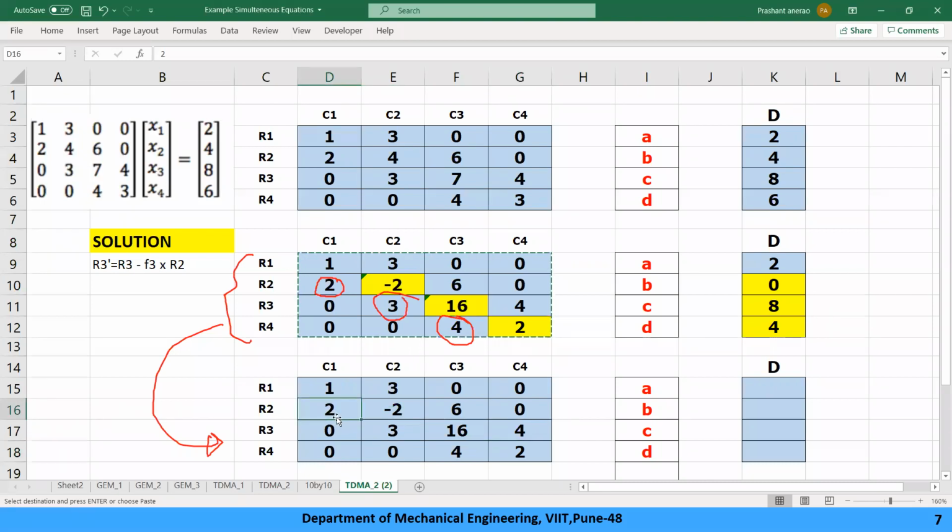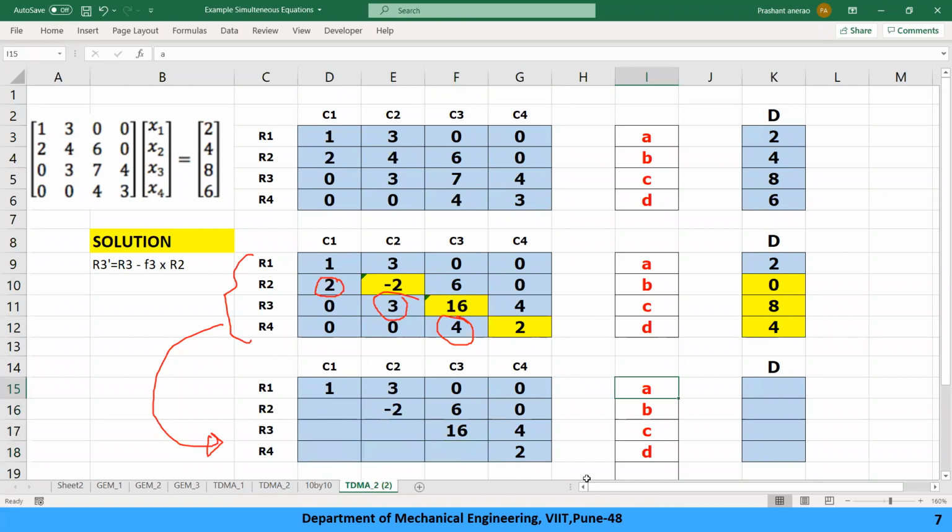So this portion, you can delete it or you can put zeros here directly, because we know that if we had operated on each and every element, these 2, 3 and 4 would become 0 only. So why waste time on making it 0? Directly I can write it as a 0, or I can leave them blank.